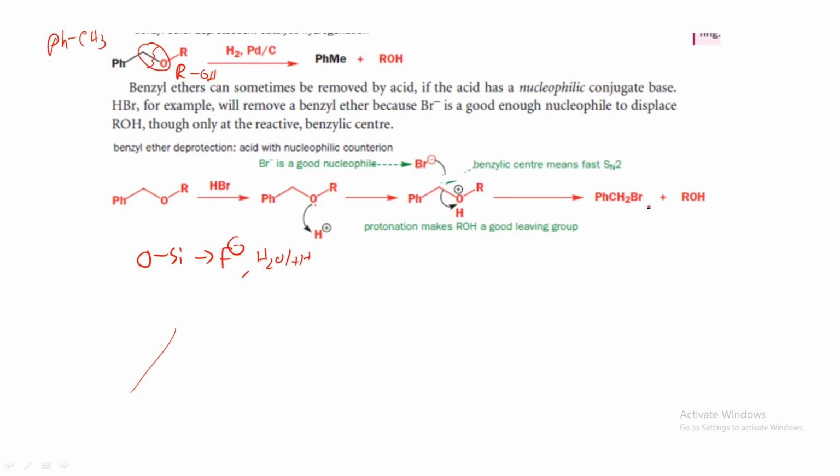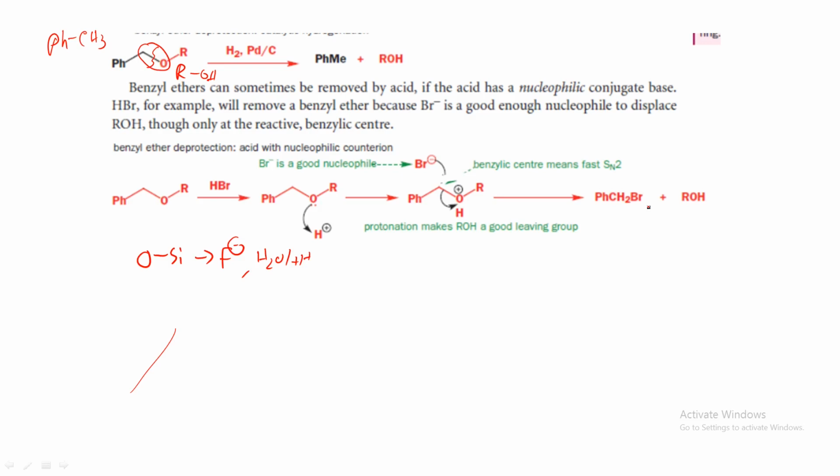HBr is a very strong acid. So your molecule needs to have some serious acid tolerance. If you have a group which is not that strongly acid tolerant, you would be facing problems deprotecting this.